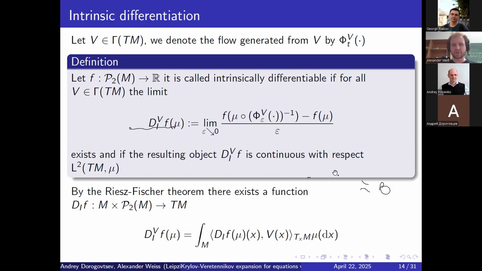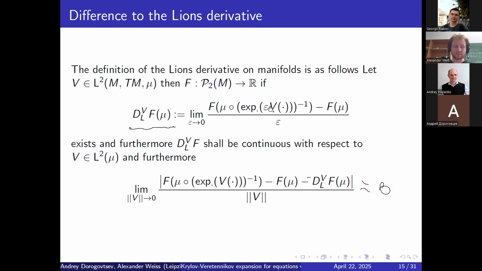For example, with an isometric embedding, one can naturally embed the flow of some vector field into R^n, but it is harder to do this with the exponential function. But in general, they give a very similar notion of directional derivative, and for all the main examples, the directional derivatives coincide. So it is enough for our considerations.